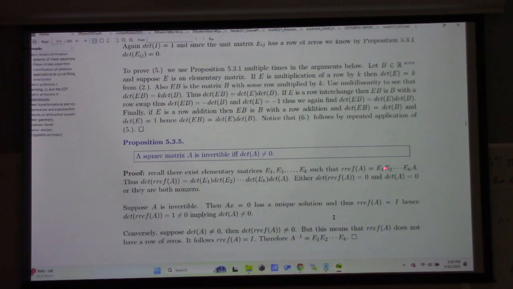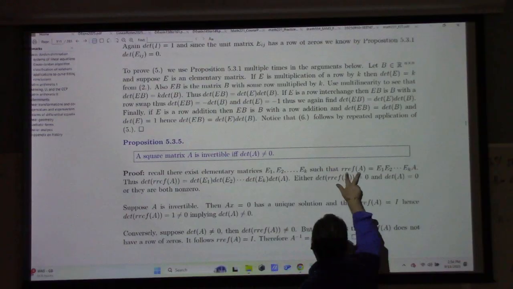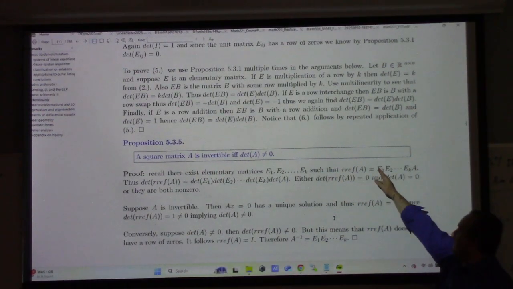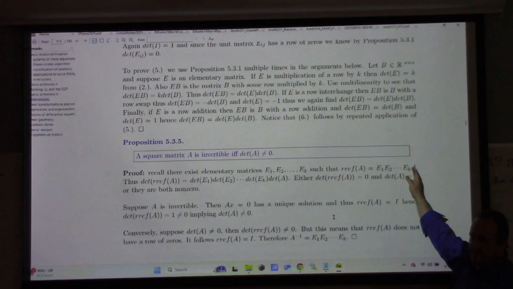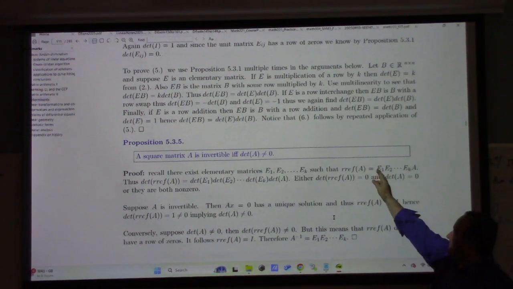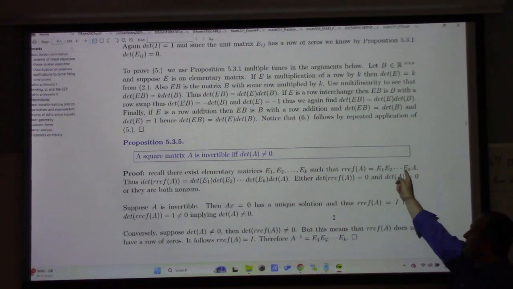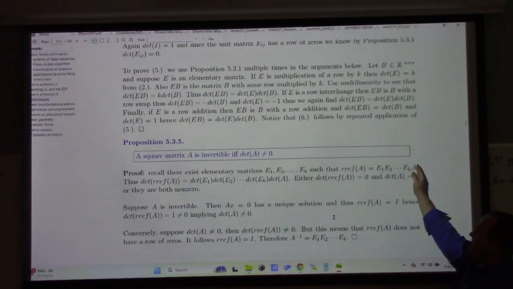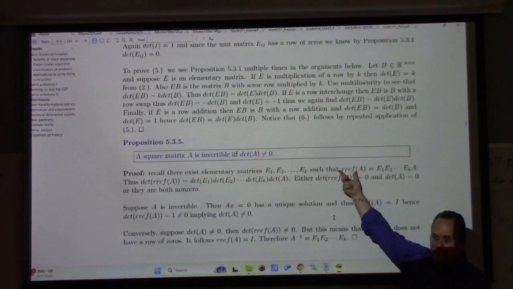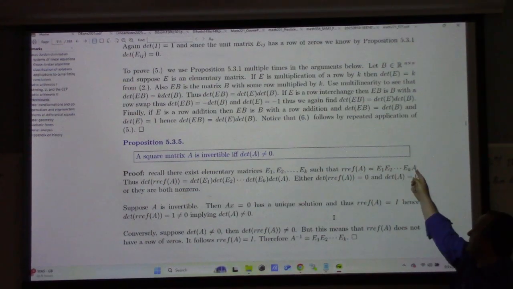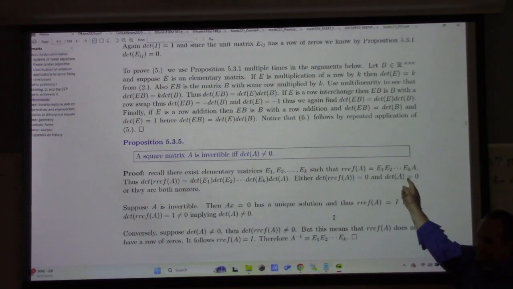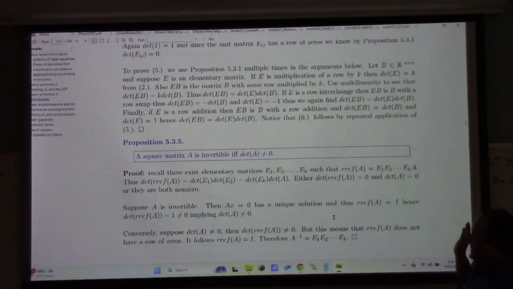I can take the product of these determinants because they're elementary matrices, by the previous proposition. So determinant of this, determinant of that. Now these are all non-zero. We get a bunch of non-zero things times the determinant of A equals the determinant of the row reduced form of A. But the row reduced form of A has a row of zeros in it if A is not invertible. So we get 0 on this side. It forces the determinant of A to be 0 as well. And this argument can go both ways. So A is not invertible if and only if the determinant of A is 0.